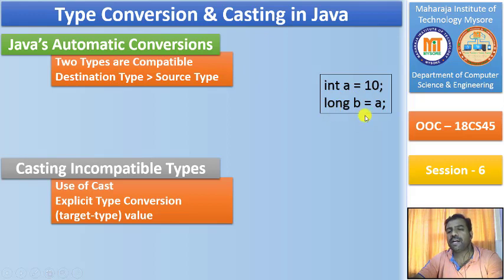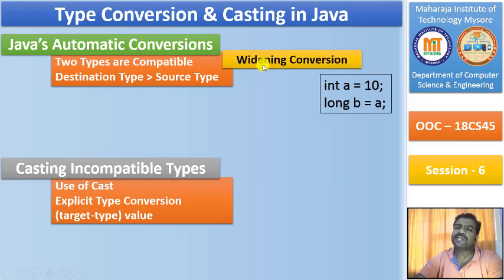Hence the automatic conversion will happen without any issue. We call this widening conversion, because from 4 bytes we have expanded, or widened, to 8 bytes.